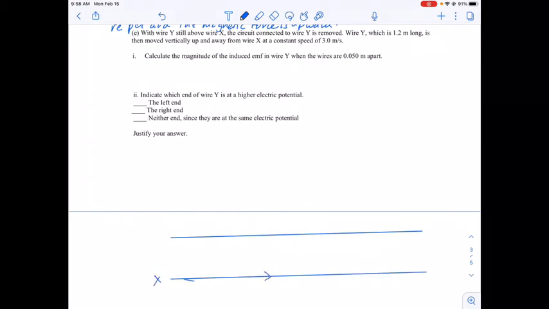So now wire X is on the bottom. It still has a current of 65 amps. The distance between the wires is 0.05.